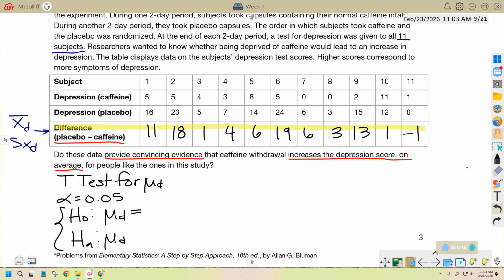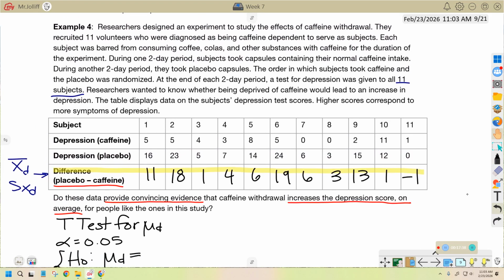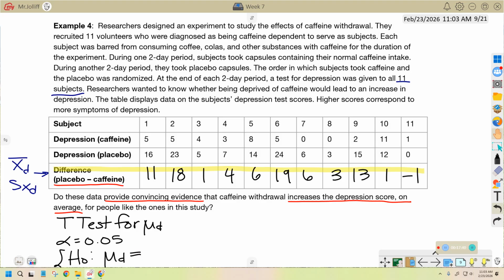Let me scroll back up. In that word problem anywhere, do you see a stated value for the population mean difference? Increase tells me about my alternative, but population mean difference, did they mention a value for that anywhere? The answer is no, nowhere in there.